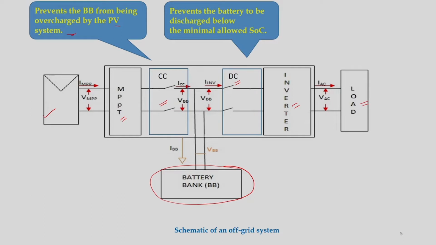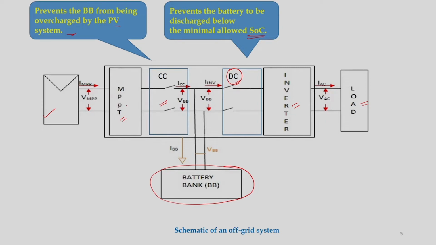And what is the function of this DC? This DC is the discharge controller. Here it prevents the battery from being discharged below the minimum allowed SOC. So, source controller and discharge controller. This is the discharge controller, not discharge current. You can see this IMPP, maximum power point current, and VMPP.